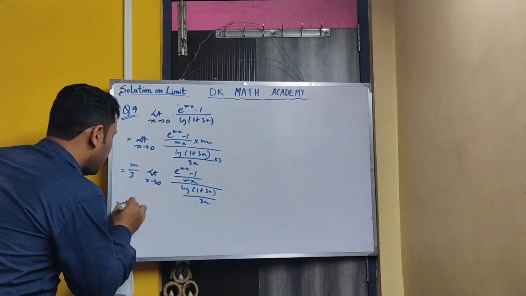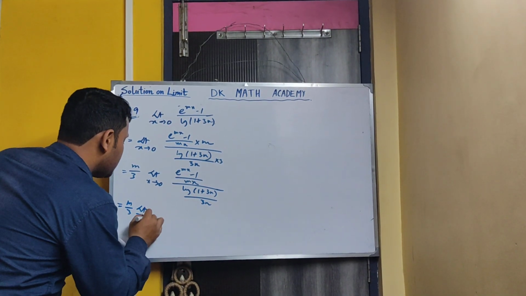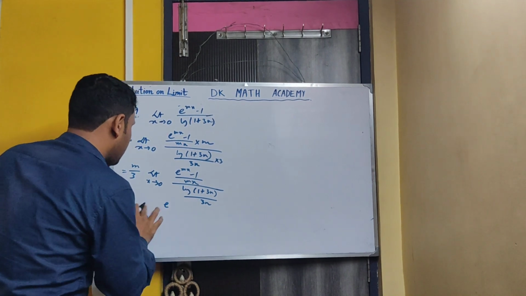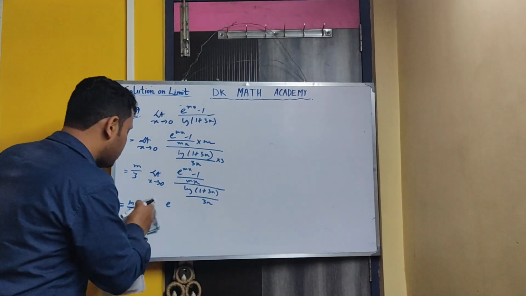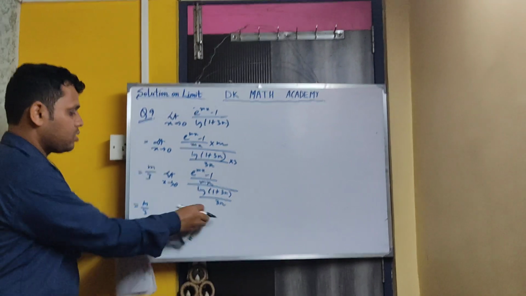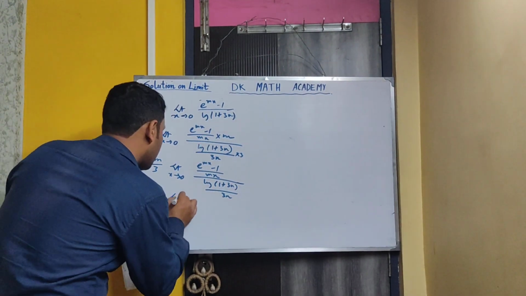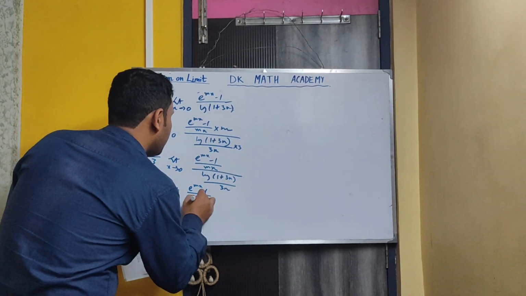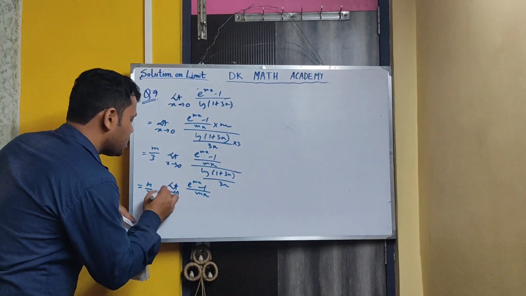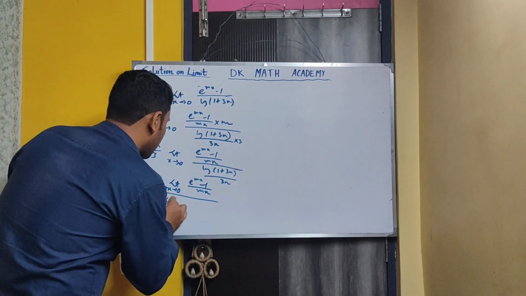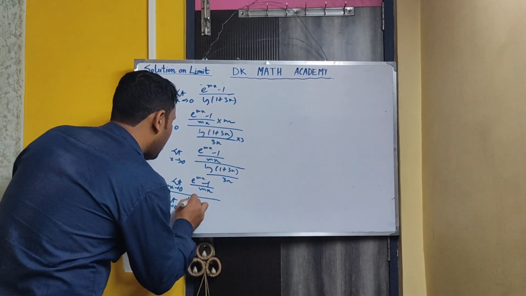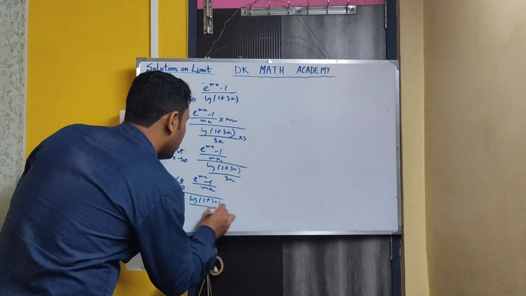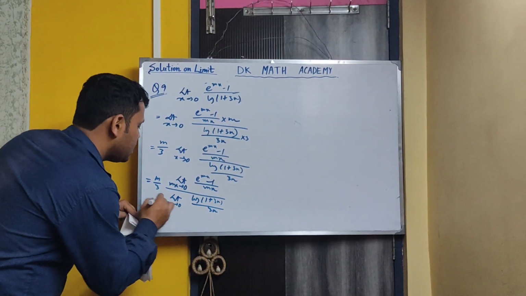Now m by 3, limit x tends to 0, (e to the power mx minus 1) by mx. x tends to 0 means mx also tends to 0. Limit x tends to 0, log(1 plus 3x) by 3x. x tends to 0 means 3x also tends to 0.